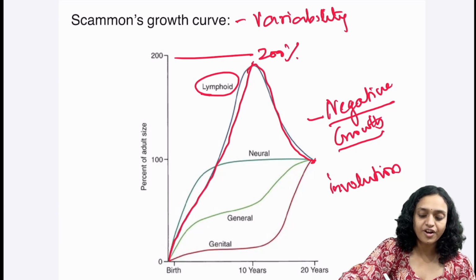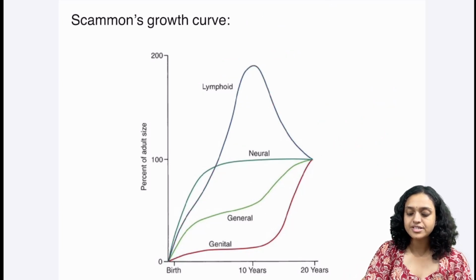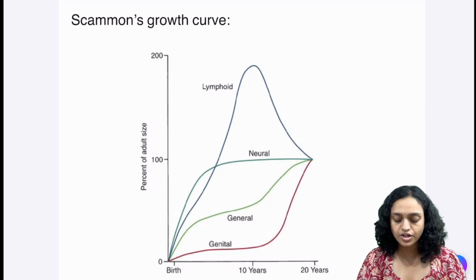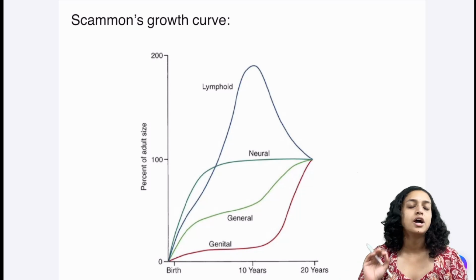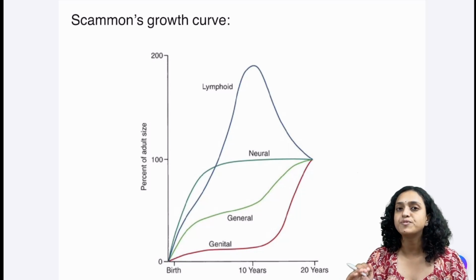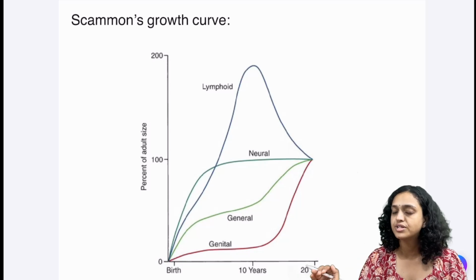So that's all regarding Scammon's growth curve. We have discussed four important growth curves. The general follows an S-shaped curve. Your neural growth, or rapid development, stops by 5 to 6 years and it plateaus till adult age.